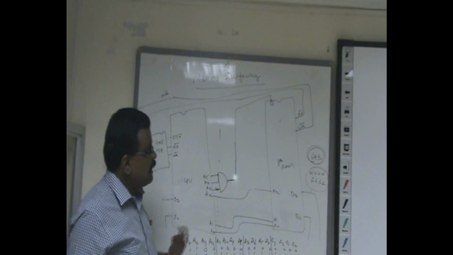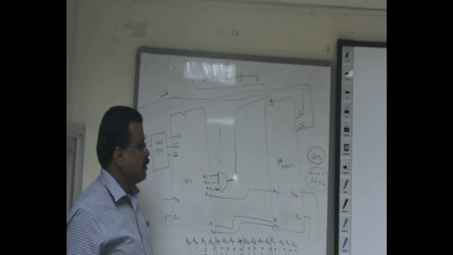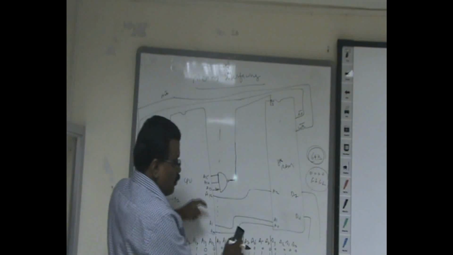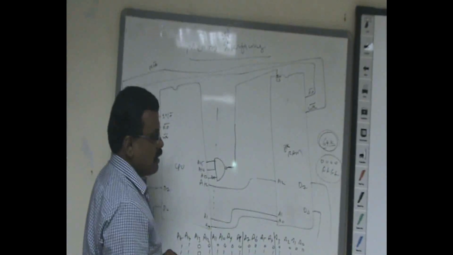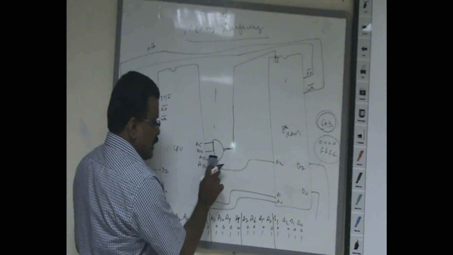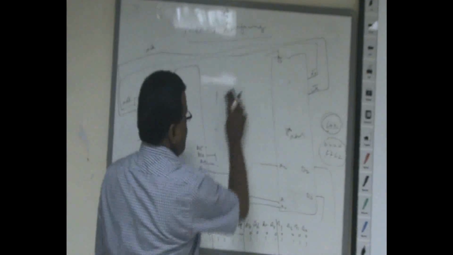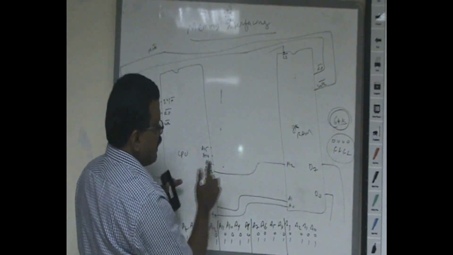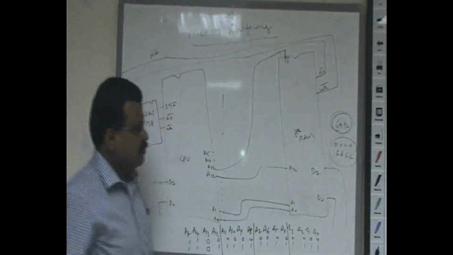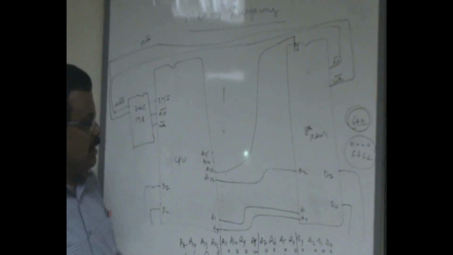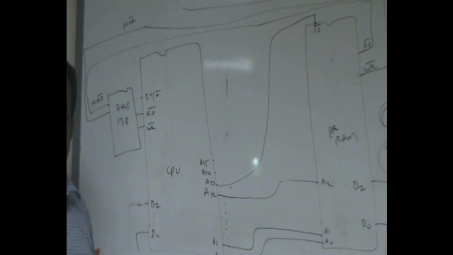In the case of partial decoding logic, the required signals A0 to A12 can be directly connected. Then, instead of using this kind of decoding logic, I can take A13 alone and connect it to the chip select signal, and leave A14 and A15 free.